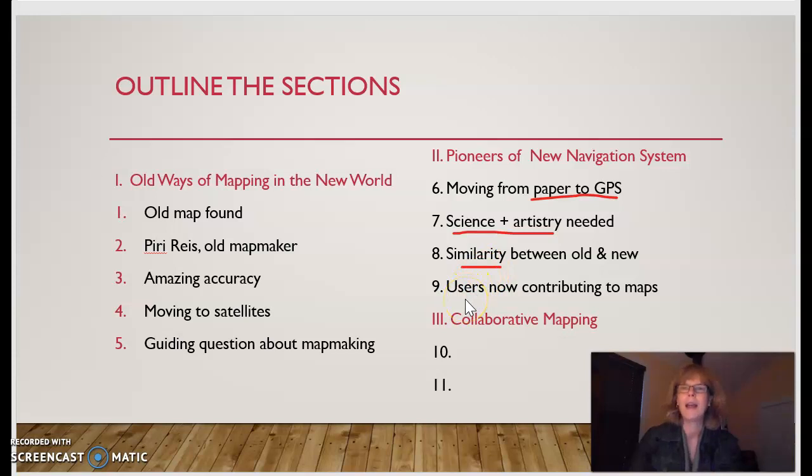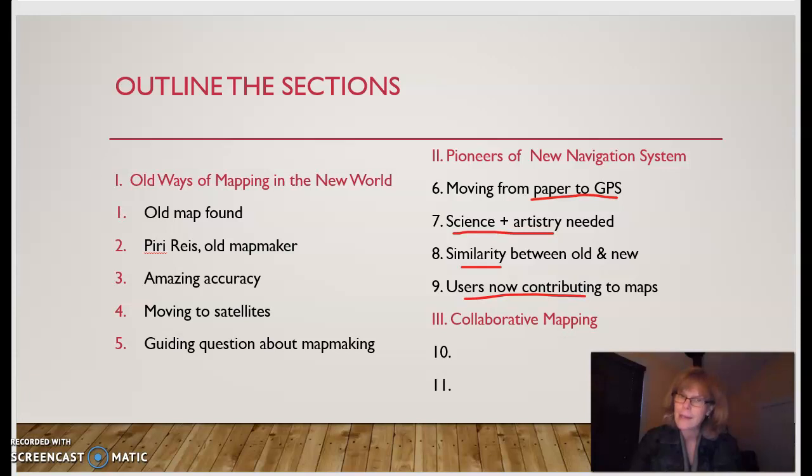In paragraph 9, they emphasize this idea of users are now contributing to the maps, that we have these maps that are now interactive, right? And users can start to contribute information. It's a very exciting way to be involved in maps.